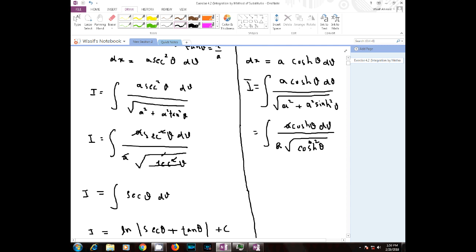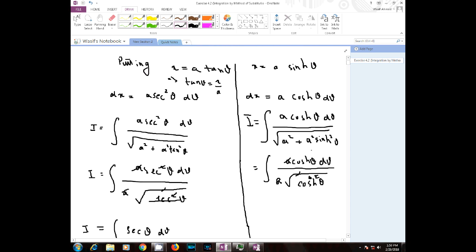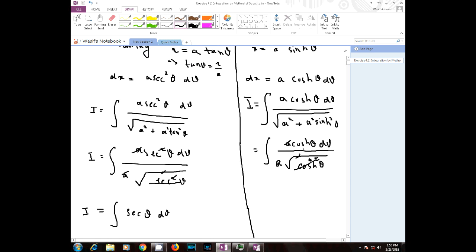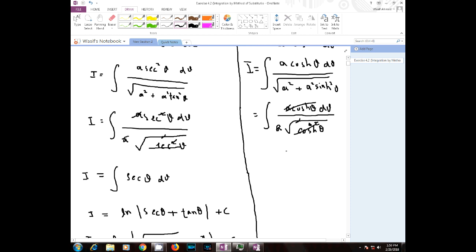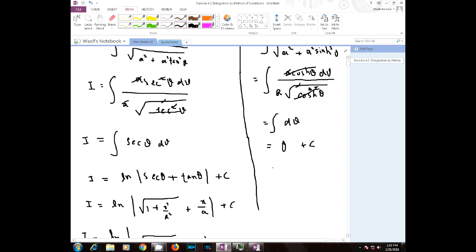A gets cancelled with a, square gets cancelled with square root, and cosh theta just simply gets cancelled with cosh theta, and you have just d theta, and this is equal to theta plus constant of integration.